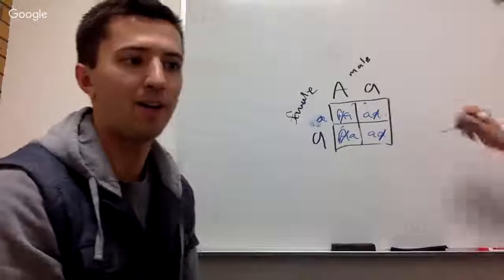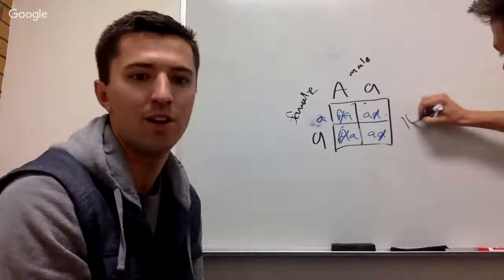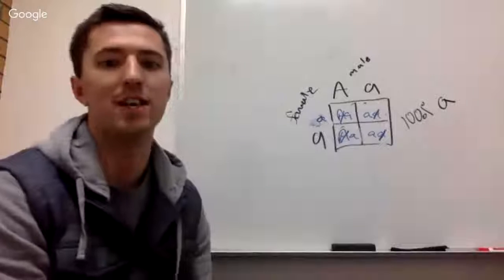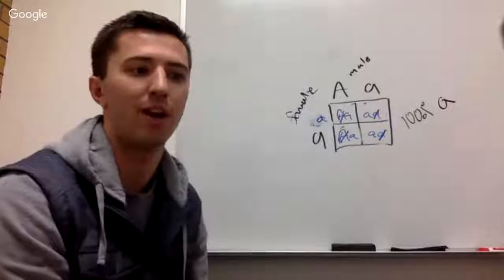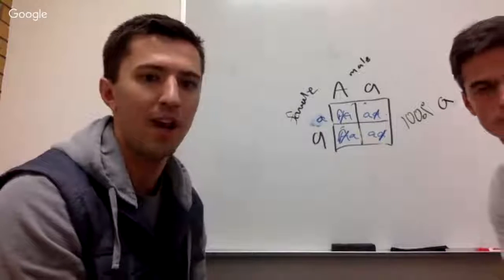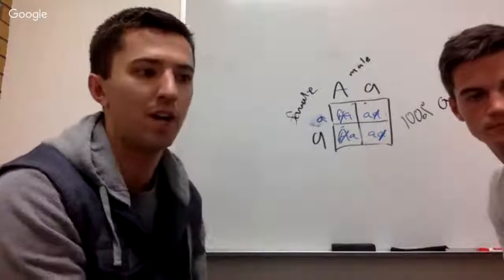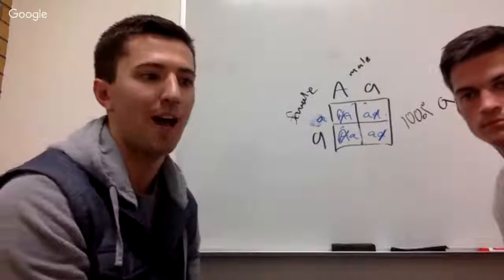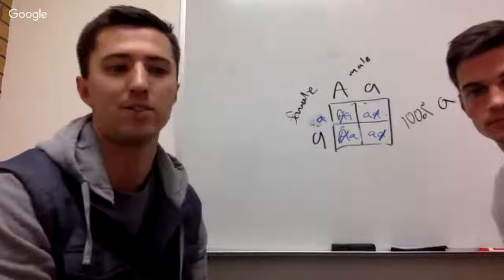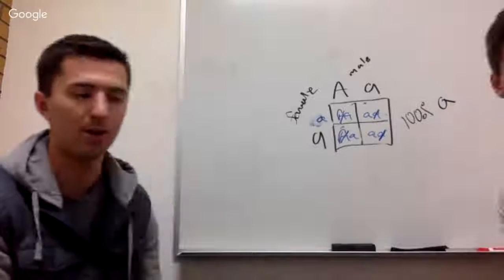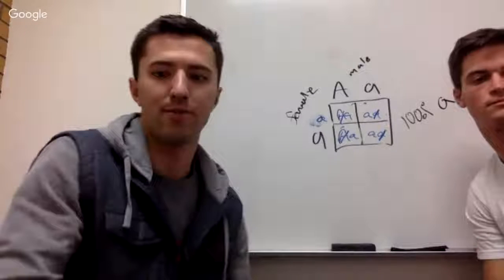And since the female is homozygous recessive for the gene, she's always going to give an a allele that causes Angelman syndrome. And since the father's allele doesn't matter and you don't take it into account, every single one of them will have Angelman syndrome. Part C is a little bit more difficult.